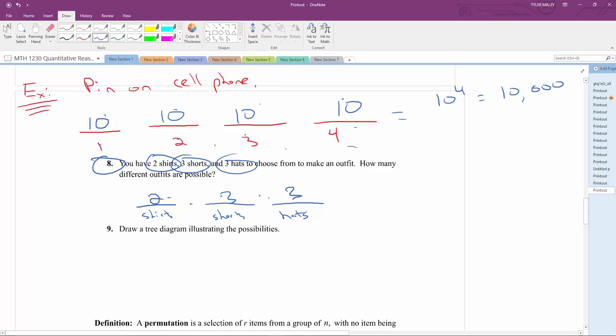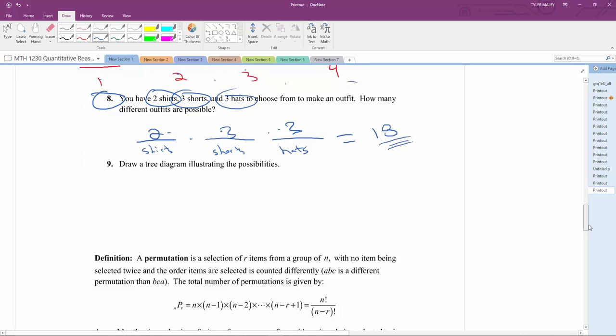So I multiply these together: 2 times 3 times 3, we get 18. So there are 18 different outfits possible.